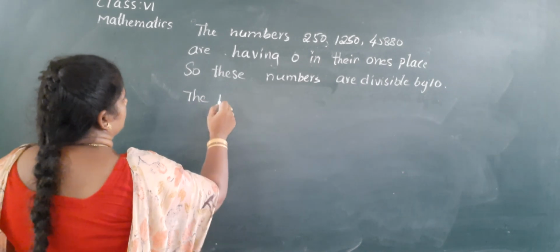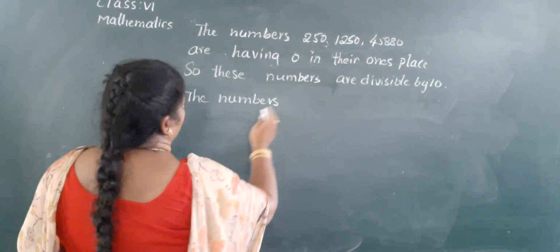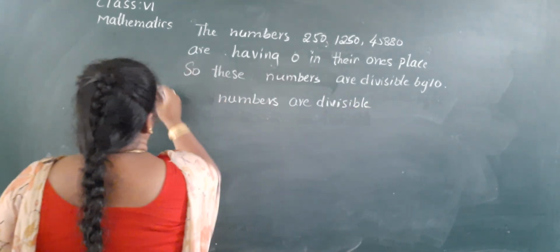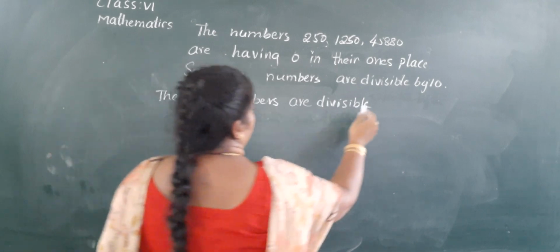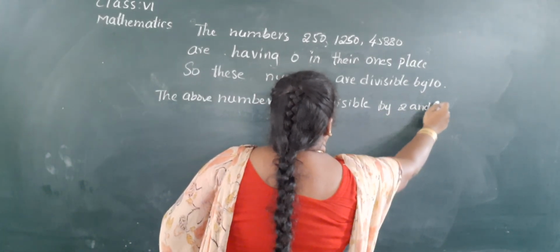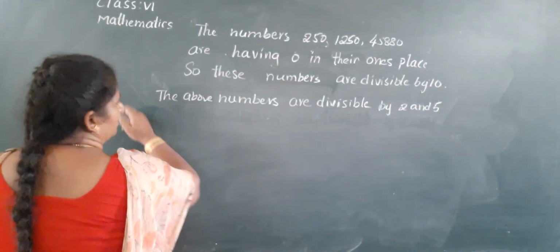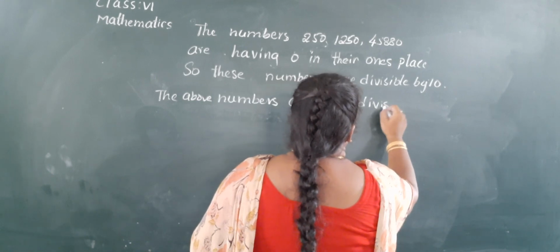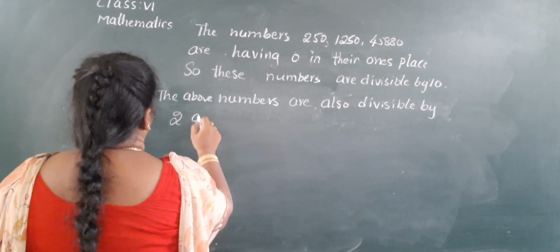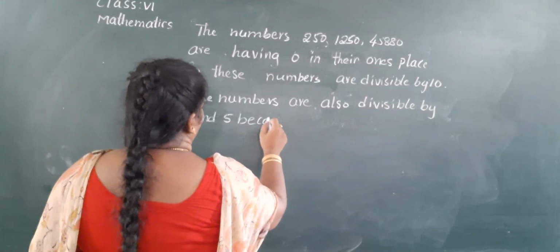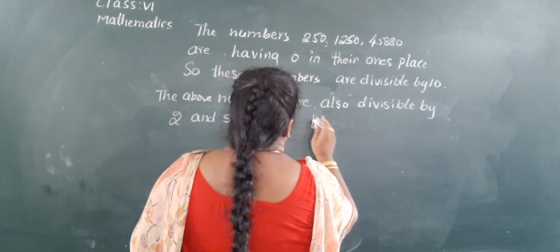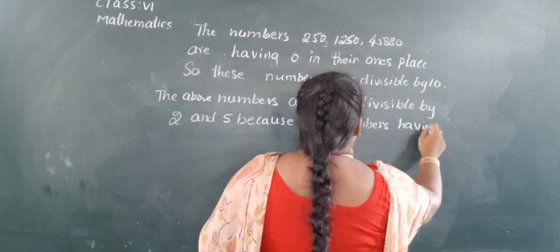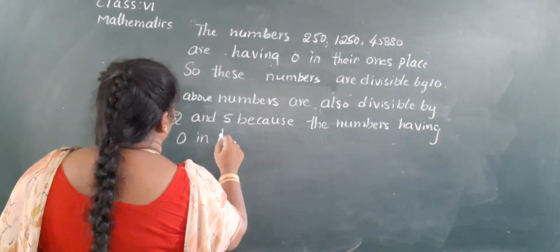Okay. So the above numbers are divisible by 2 and 5, because the numbers have 0 in their units place.